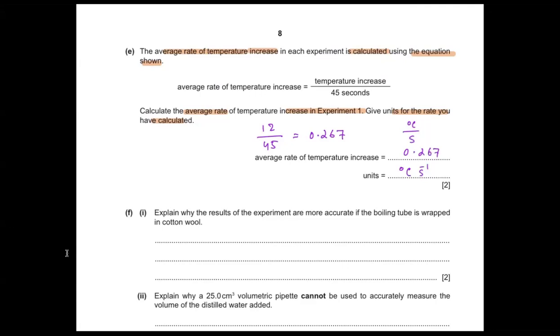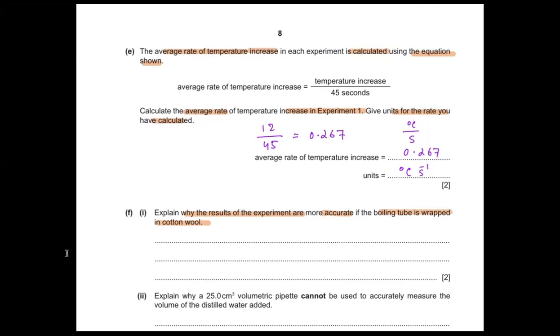Is this clear? Yes, sir. Okay. Now, explain why the results of the experiments are more accurate if the boiling tube is wrapped in cotton wool. The cotton wool helps with insulation.